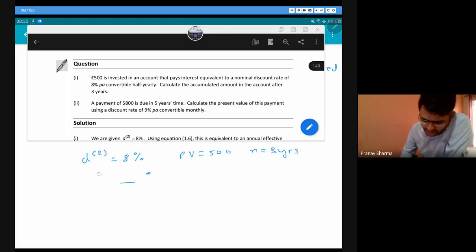So one way would be, I would convert this into D. D would be 1 minus D2 by 2, the whole square.